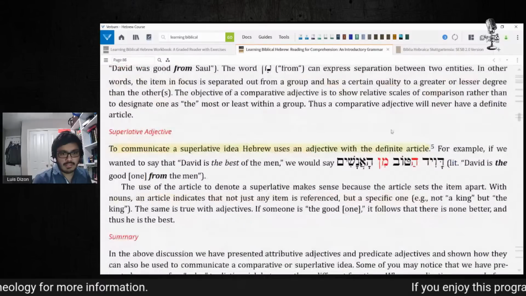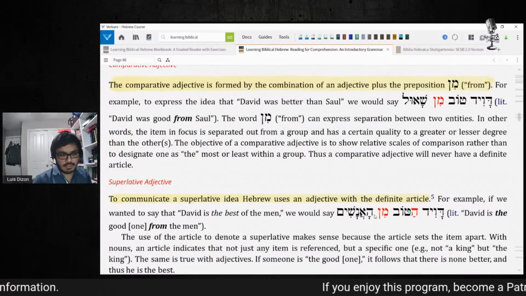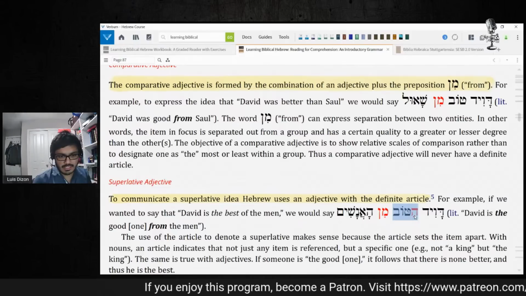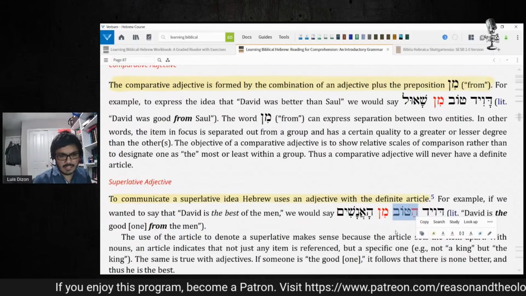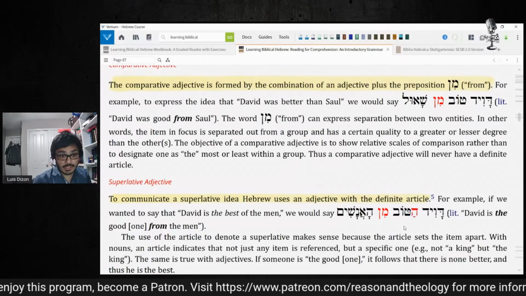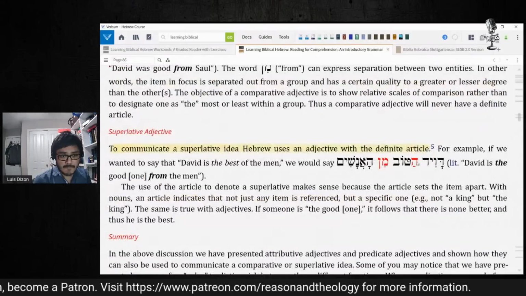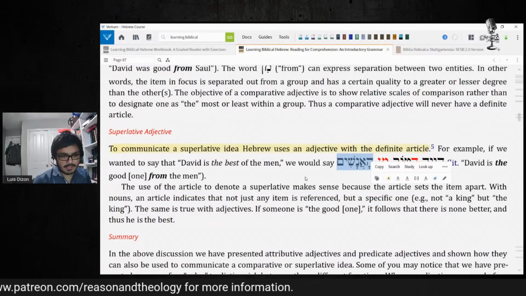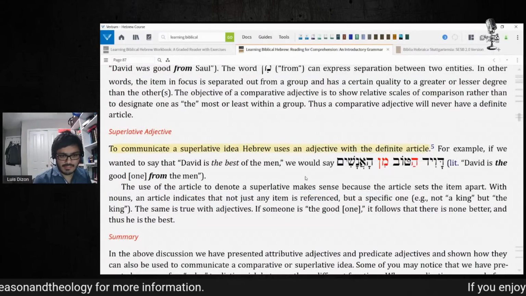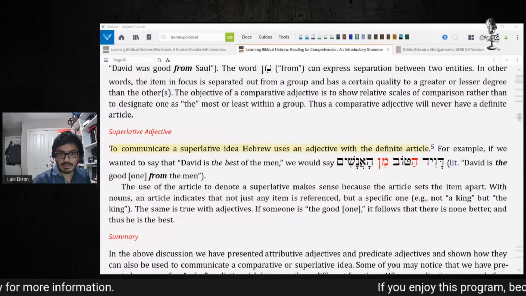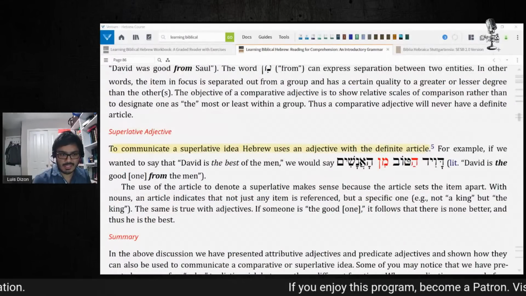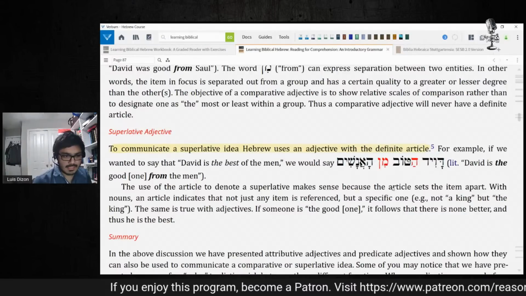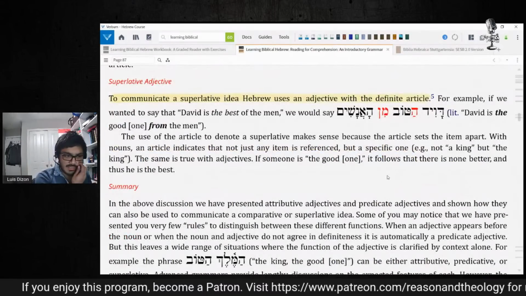So the difference between the comparative and the superlative is that, first of all, there is a definite article on the adjective, so hatov, and then the noun that comes after it is going to be a plural, because obviously you need a group of things to be the superlative in that group. David is the best among men. David hatov min ha'anashim.